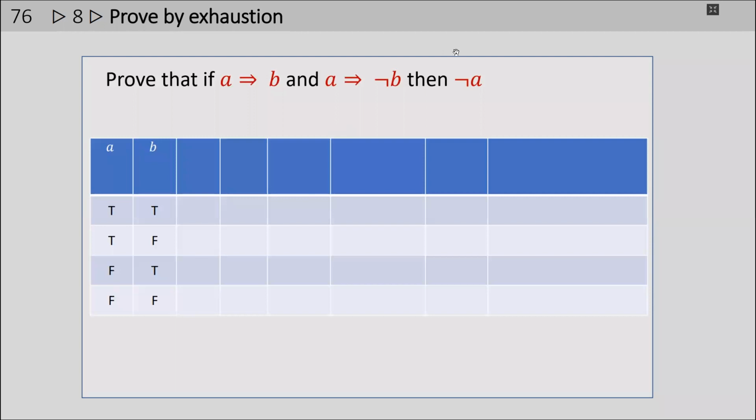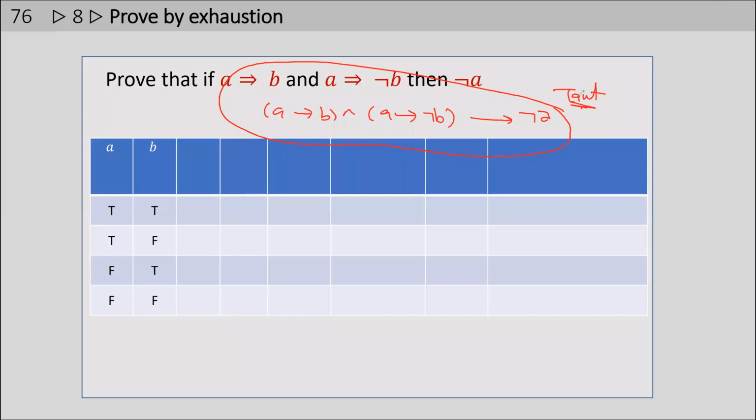We want to prove that if A implies B and A implies not B, then you can conclude that it is not A. So this implies not A. You want to prove that this is a tautology.